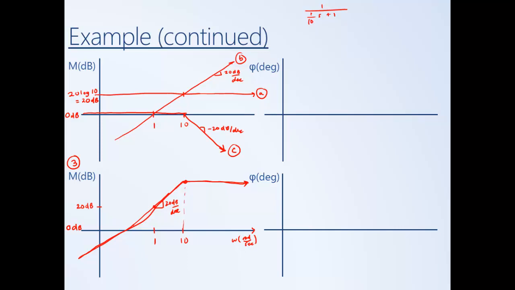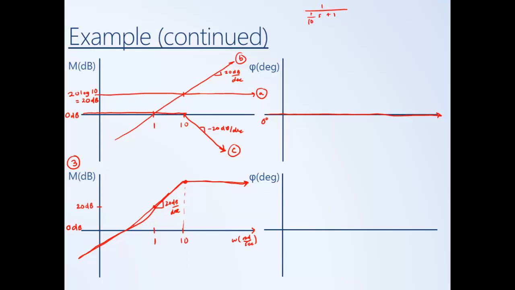Now we can follow a similar procedure for phase. Thinking back to what the phase of our individual components are, what is the phase of a simple gain? Component A is a simple gain equal to 10. So think about what its phase is equal to. Its phase plot is a straight line at 0 degrees for all frequencies.